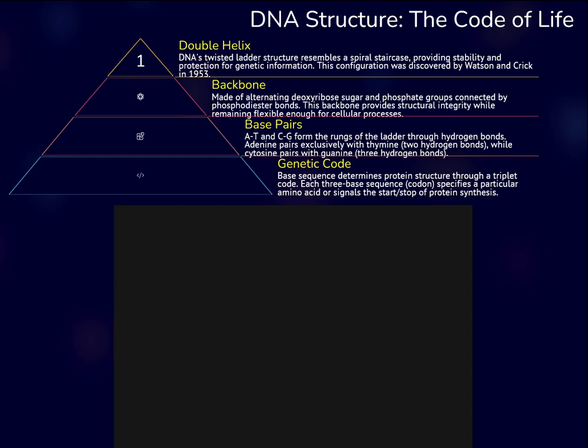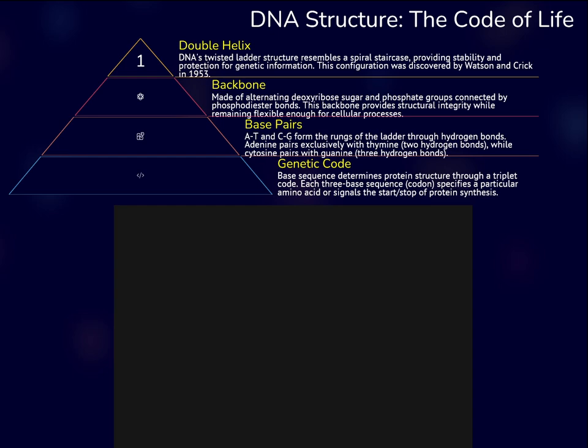Deoxyribonucleic acid, or DNA, is the molecular basis of heredity in all living organisms. Its unique structure enables it to store, replicate, and transmit genetic information with remarkable fidelity. The complementary nature of DNA's structure is fundamental to its function. During replication, the two strands separate, and each serves as a template for synthesizing a new complementary strand.